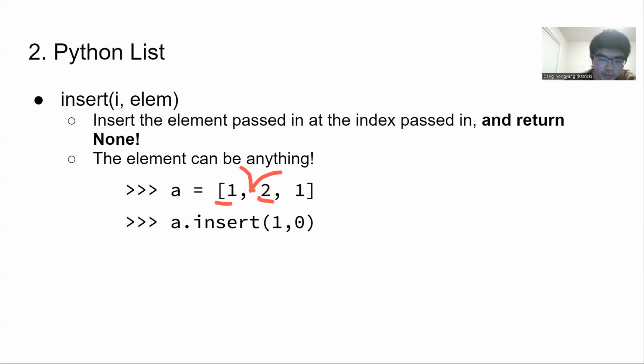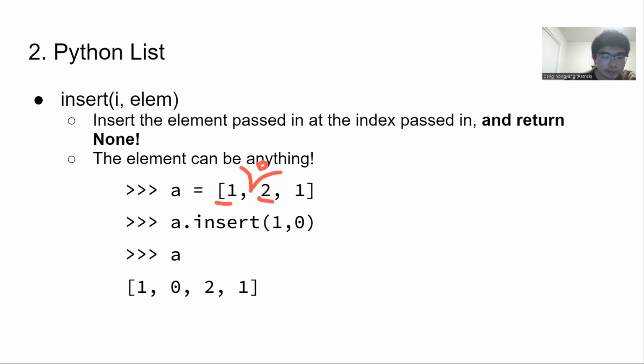This means that I insert 0 in here, and I move all the stuff back 1 place. So A dot insert 1, 0, which means that A will be 1, 0, 2, 1. So that's insert. And it also returns nothing.